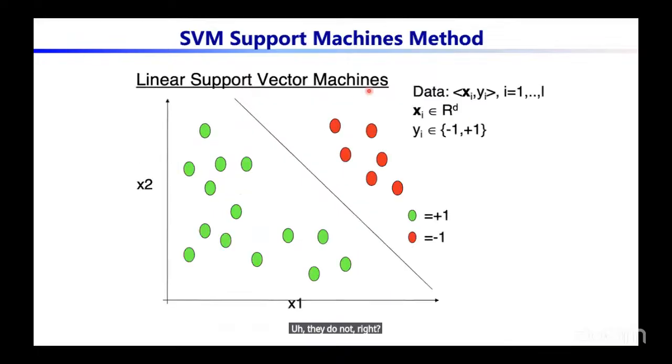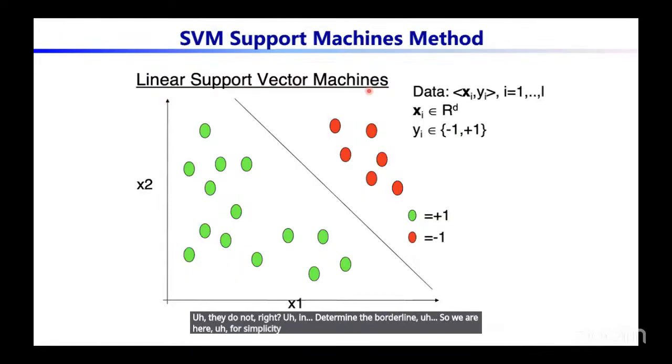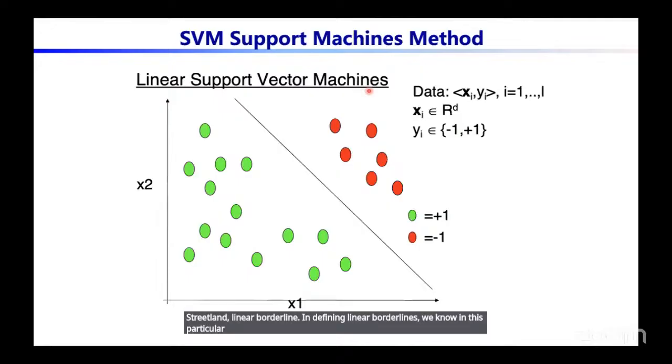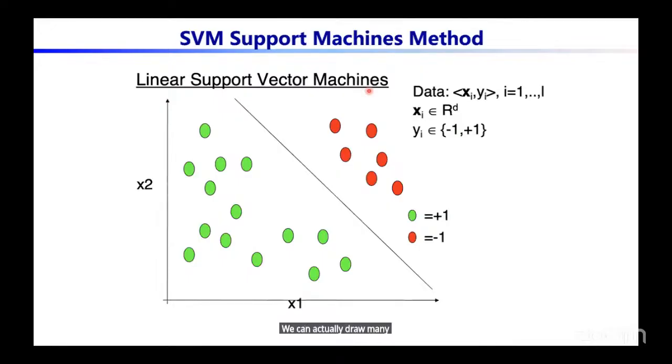In determining the borderline, for simplicity we again focus on straight lines, linear borderlines. In this simple case, we can draw many different straight lines to perfectly separate the samples.